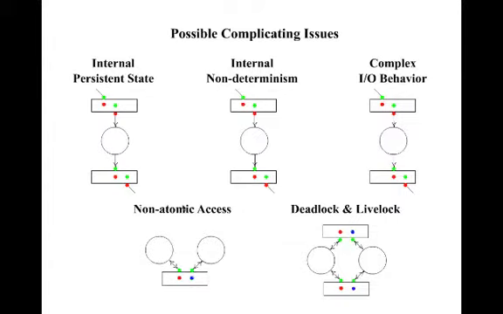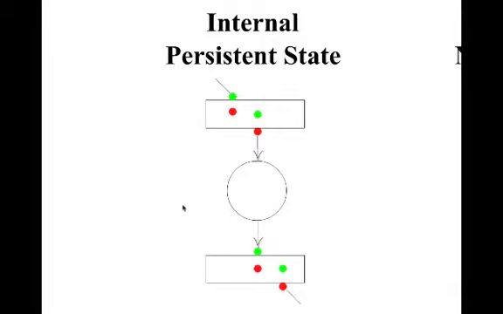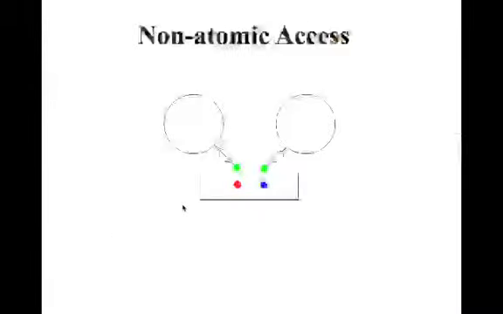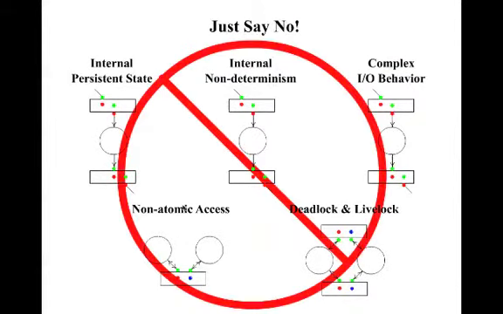And then upon issuing a transition, it grants the control state back to the resource so that other entities can access it. So all of these common problems that can occur in parallel processing, where the processes have an internal persistent state or internal non-determinism or complex I/O behavior or non-atomic access or deadlock and live lock, all that stuff, we just say, no, we're not going to allow that at the tactic level, and we define it away.